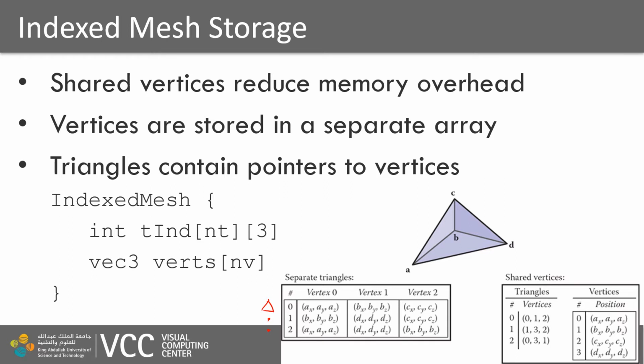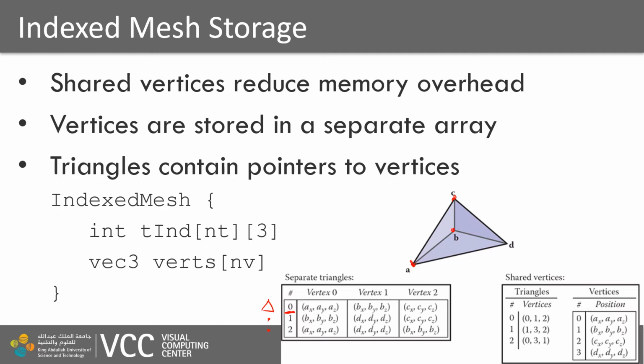That would mean that for our triangle 0 we have the values of vertex A stored, then B and C in this example, which is fine.